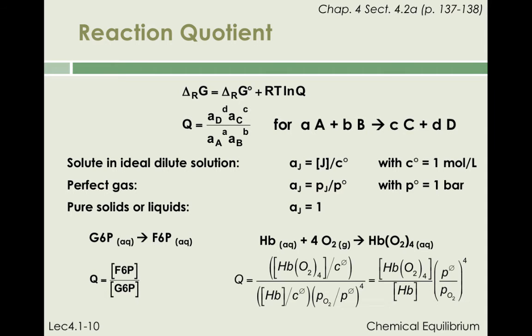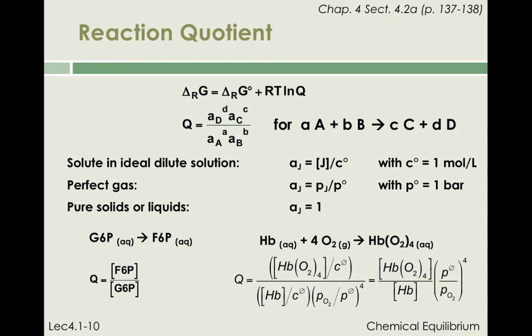So we write Q equal to the activity of the hemoglobin complex divided by the product of the activity of the hemoglobin by the activity of oxygen raised to the 4th power, since there are 4 moles of oxygen in the reaction equation.